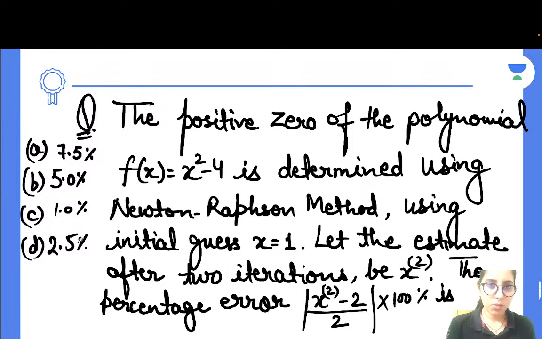Whatever is the right answer, guys, just mention it. If you are not able to get it, I will help you in that case. Don't worry.